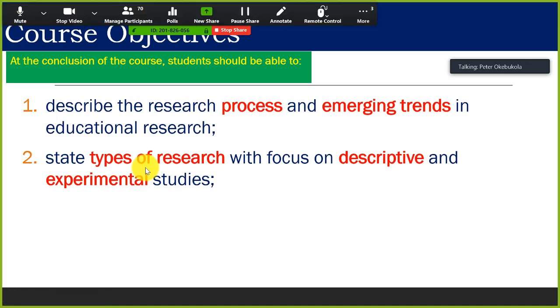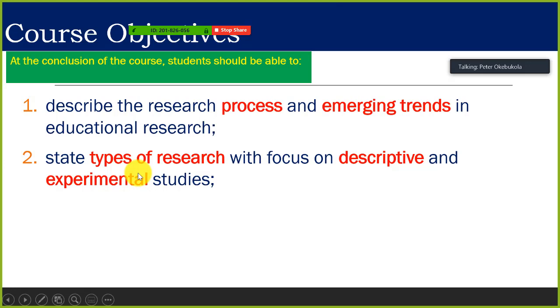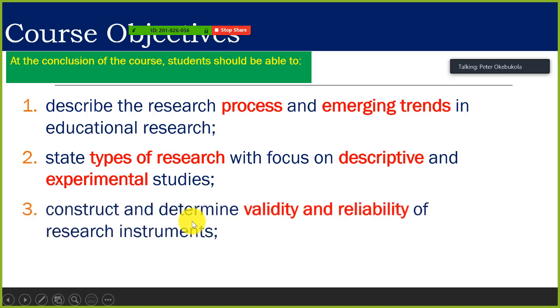As you will note as I proceed, although this course is about educational research, we're going to make it generic to include other types of research, science and humanities and all, because research essentially has some common thread. And we'll be focusing on descriptive and experimental studies.